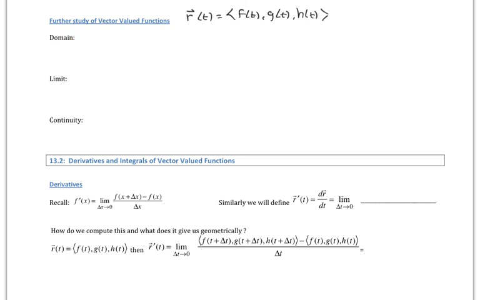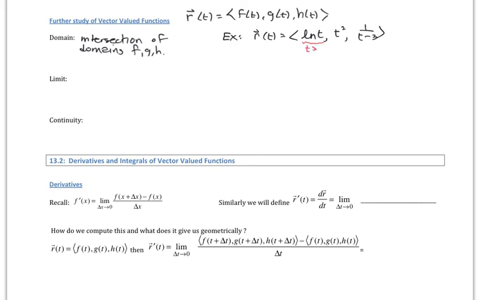The domain for this function to be defined, each one of these has to be defined. So to find the domain, it's just the intersection of the domains of f, g, and h. So for example, if r of t is natural log of t, t squared, 1 over t minus 3, this one would lead to the domain of natural log.